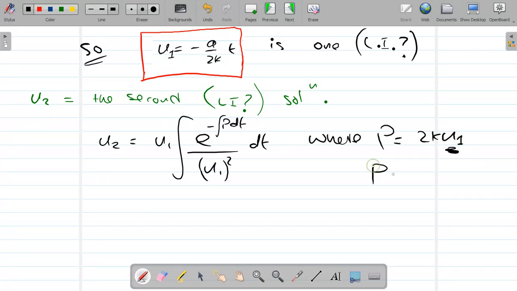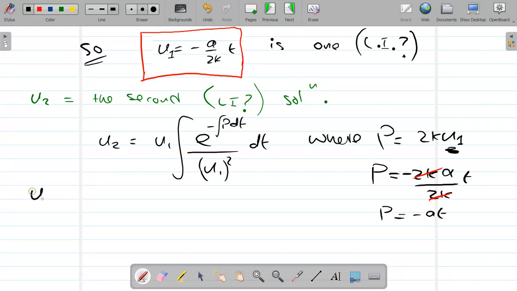So P is equal to 2K times U1, and we're going to have a minus sign in there, a over 2K t. So that 2K cancels with that, and we're left with P equals minus at.